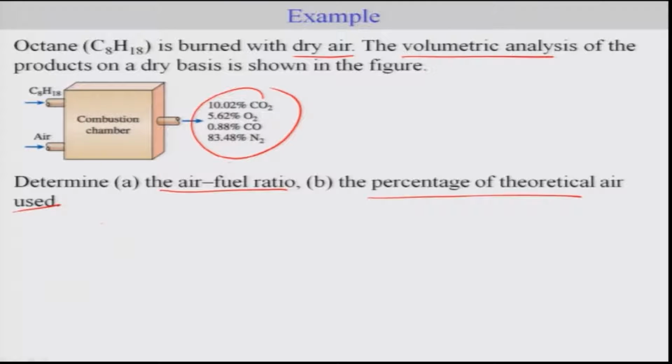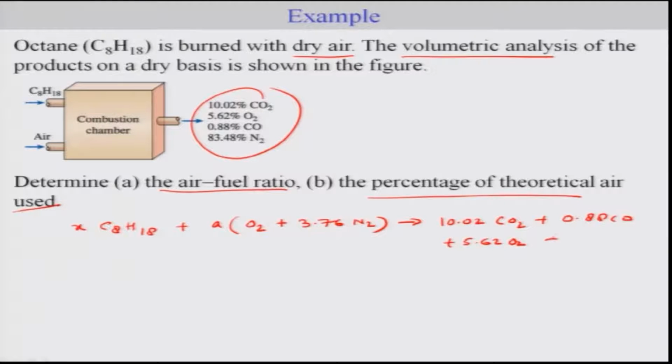That means we need to write something like this: you have X mole of octane, burned with A mole of air, that is oxygen plus nitrogen, leading to, since this is a volumetric analysis on a dry basis, let's assume 10.02 CO2 plus 0.88 CO, and some amount of water.